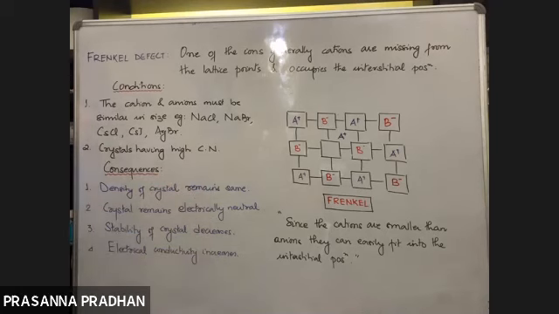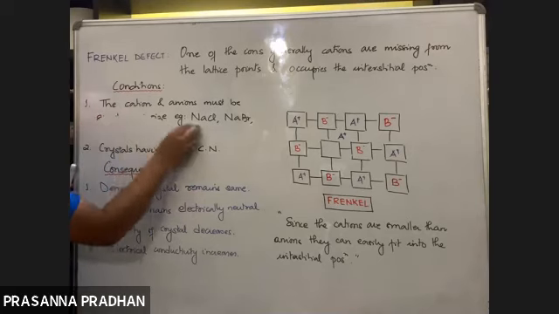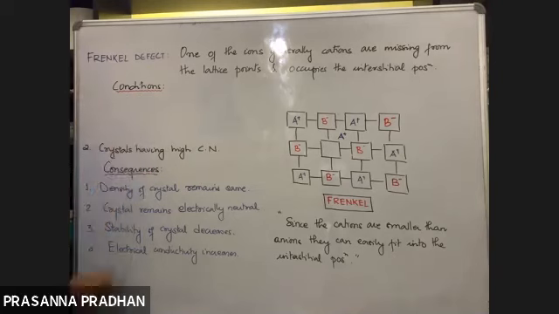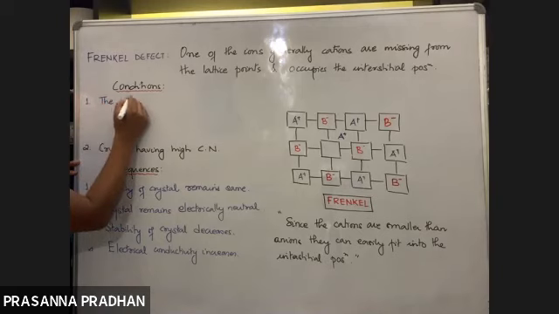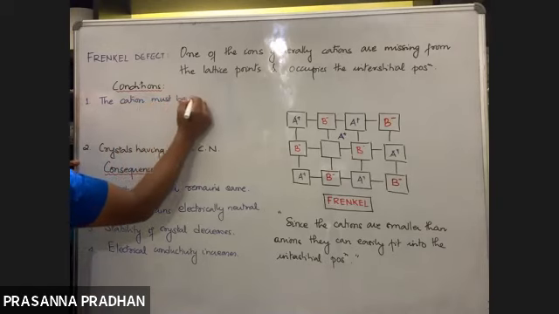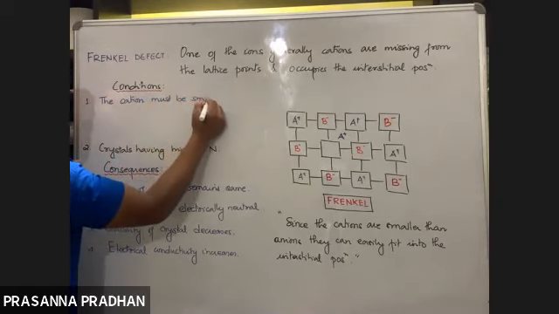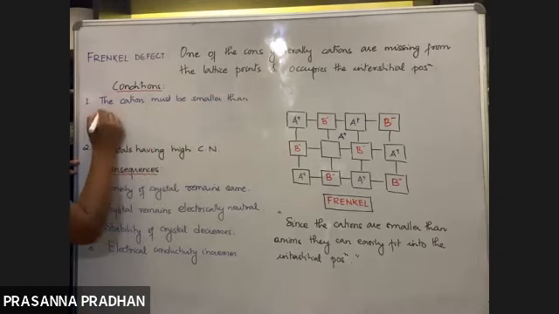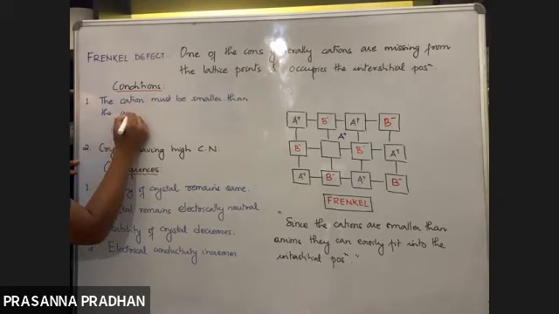Now you can tell me the conditions. What should the conditions be? Should the cation and anion be of comparable size? Not at all. The cation must be smaller than the anion.